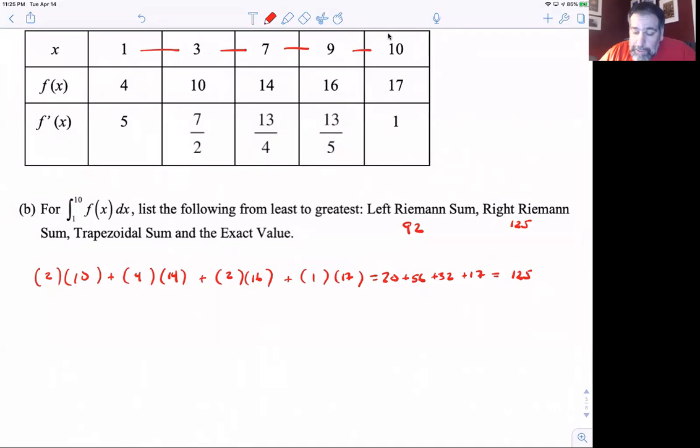Doing the trapezoidal sum, we're going to do the average of the bases times the height for this one. So I'm going to set up 4 templates for trapezoids. Average of the bases times the height in each one.